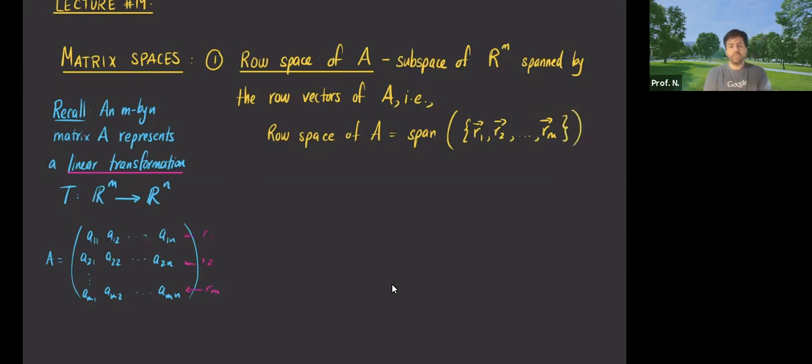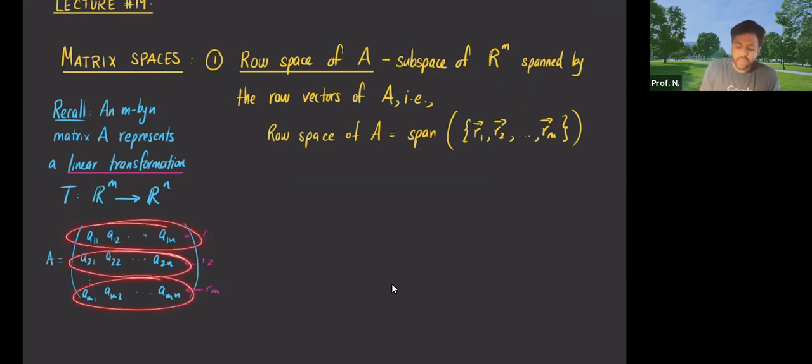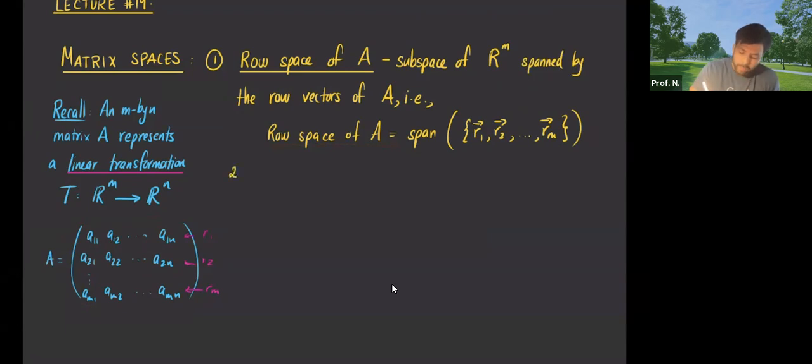It's the span of those row vectors. So if you take all these rows and treat them as vectors and you create a span, that span will be considered the row space of A. That's one of them.